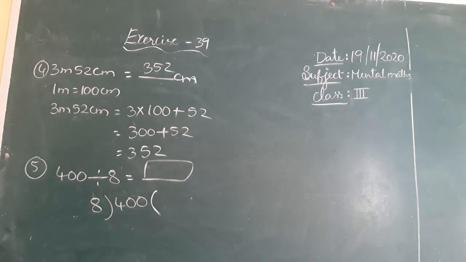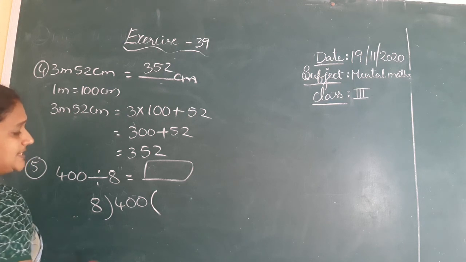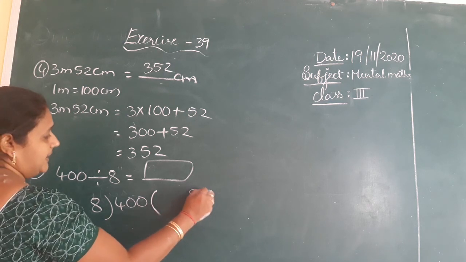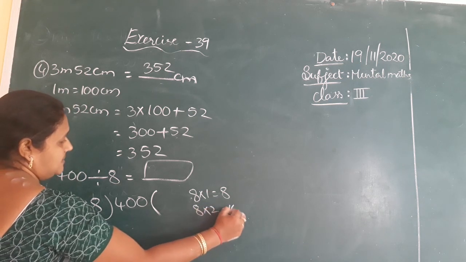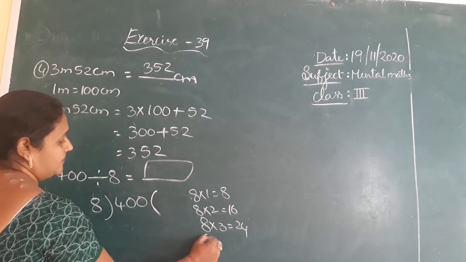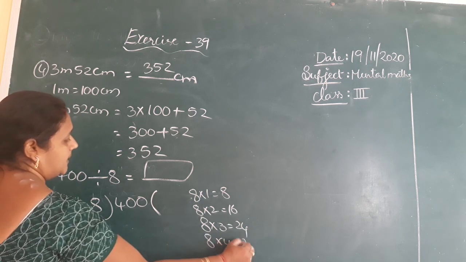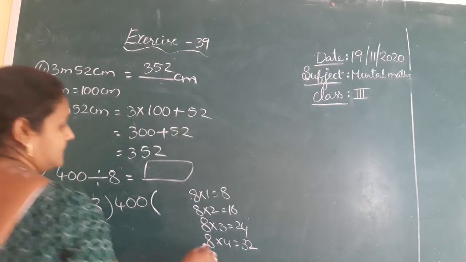How will you write? 8 table. 8 ones 8, 8 twos 16, 8 threes 24, 8 fours 32, next 8 fives 40.